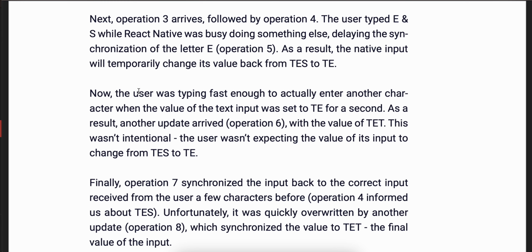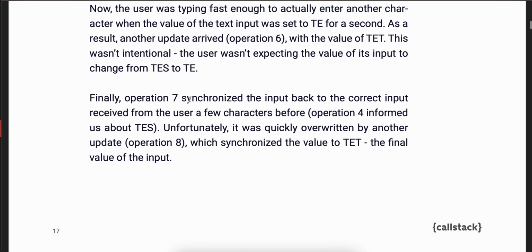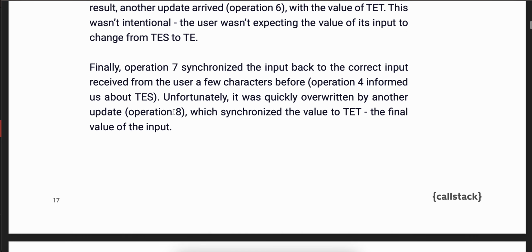As a result, another update arrived with the value of TET. This wasn't intentional. The user wasn't expecting the value of the input to change from TES to TE. Finally, operation 7 synchronized the input back to the correct input received from the user a few characters before. Operation 4 informed us about TES.